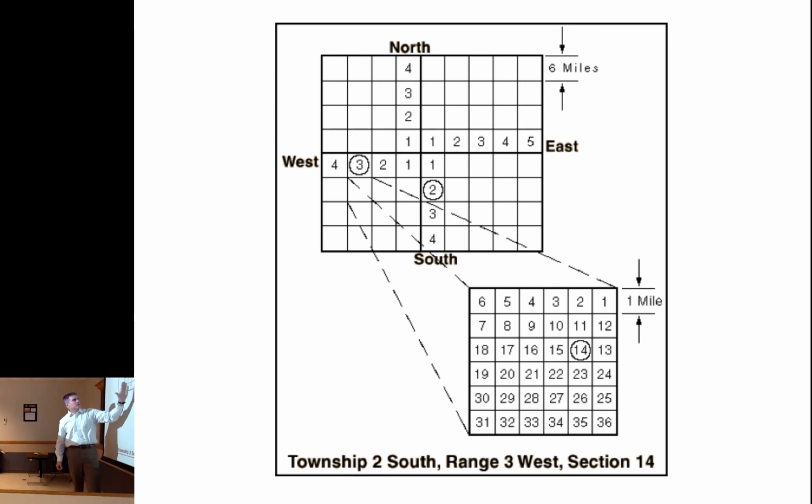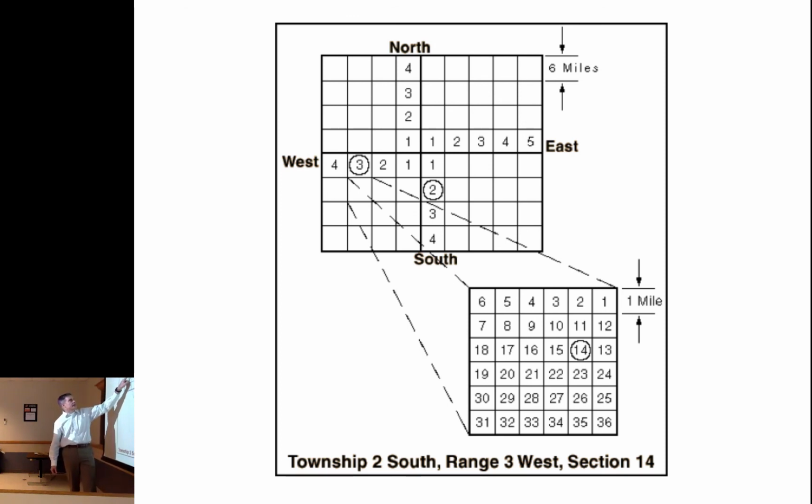It's a north-south line that divides east and west. So if you're located east of that principal meridian, your township is described as something east. Then we have a baseline, kind of like the equator, dividing north and south.